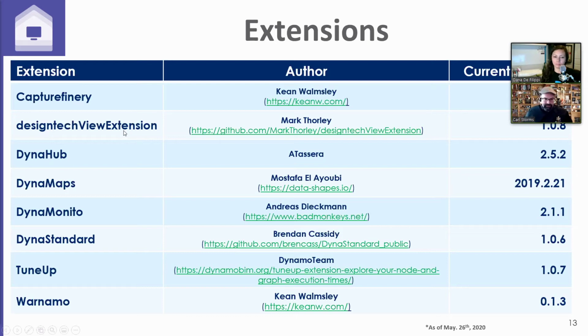We have the Design Tech View extension. John talked about that in his presentation, the very first one that we did. DynaHub, which I'll show there for those of you that are GitHub users, it's pretty cool. Dynamaps from the folks at DataShapes. Show me in the comments, does anybody remember, and I just drew a blank.